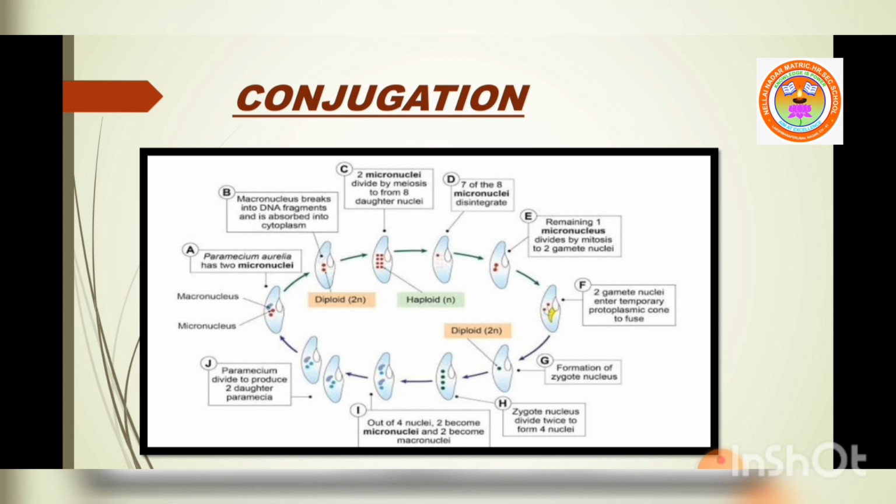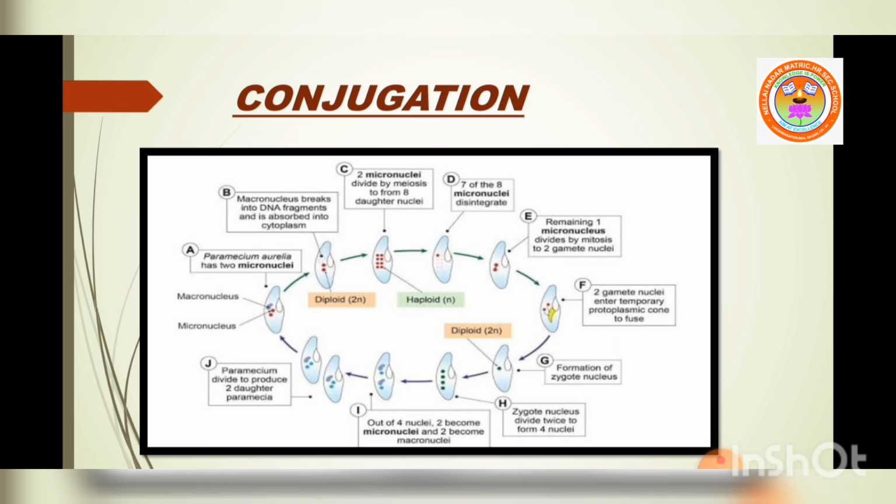Next, conjugation. So sexual reproduction seen in animals is of two different types. One is syngamy, that is fertilization. Another one is conjugation. So far we discussed syngamy, that is fertilization. Let me pass on to conjugation. So what is conjugation? It is also another type of sexual reproduction.